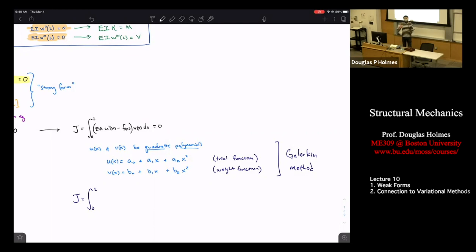But typically what you're doing is implementing this in your code and having your computer solve this. So take a second and calculate the second derivatives and actually do this. Take a second and tell me what J is. So you've got to put in u double prime, put in v, and then integrate over L.